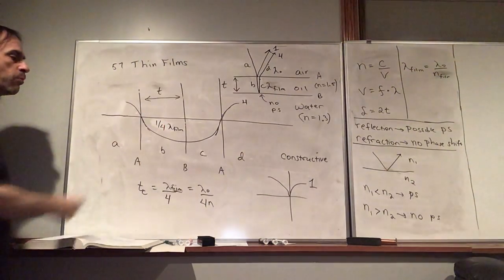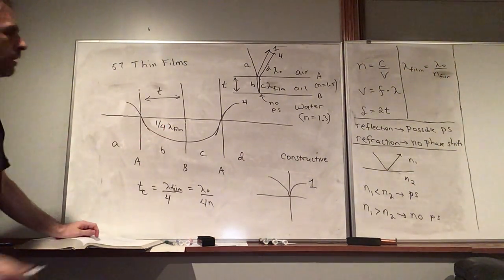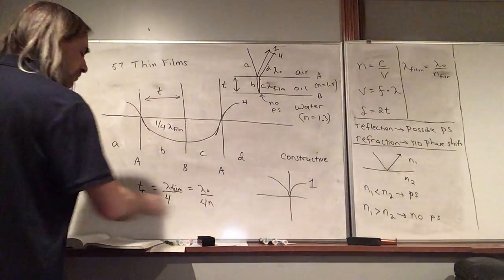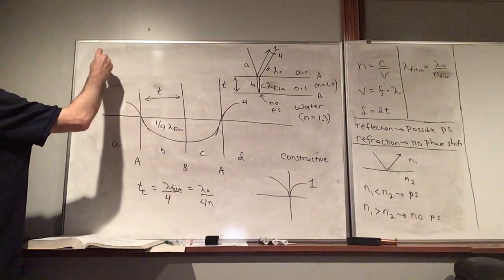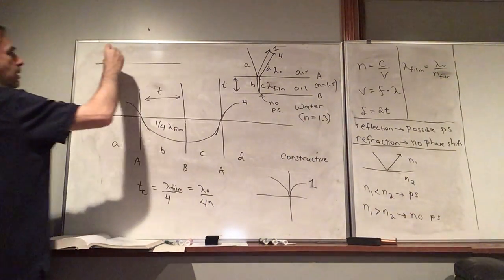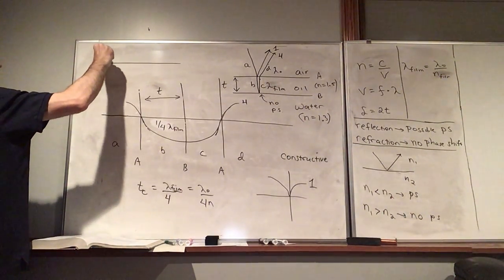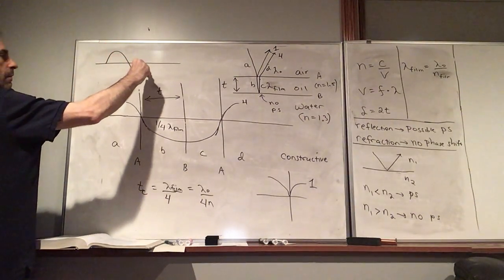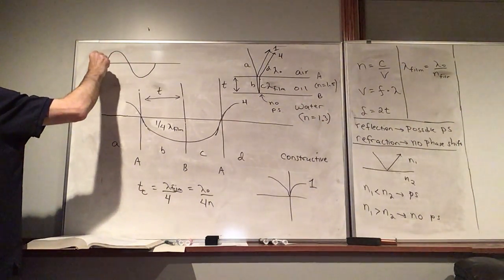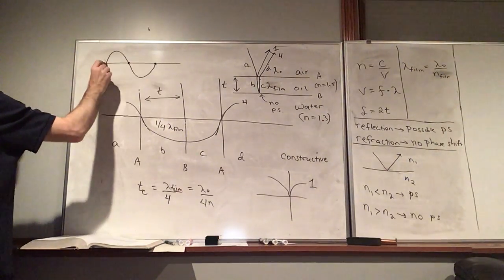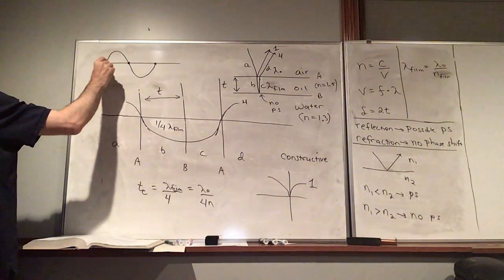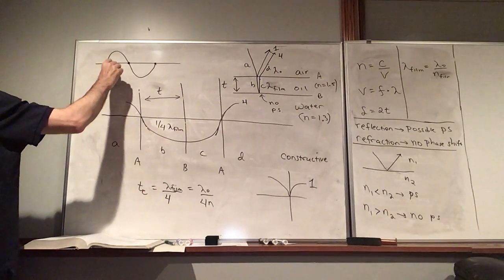How did I know this was 1/4 of a wavelength? Let's draw a wave. We don't need that anymore. Let's just draw a single cycle of a wave. So this is a wavelength. So going from like 1, 0 to the next, this is half a wavelength.